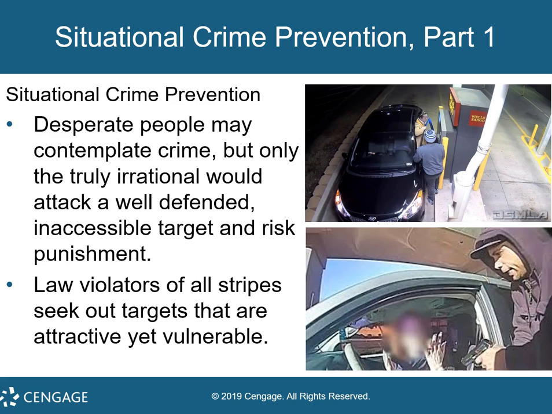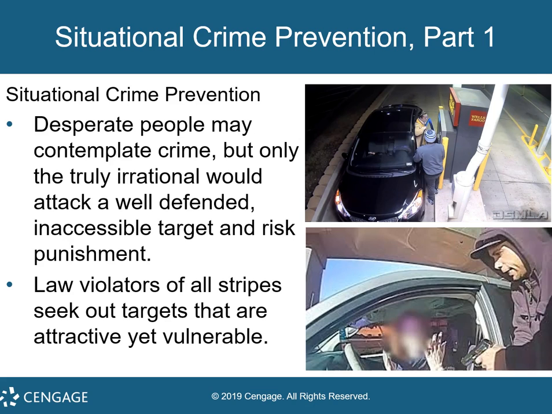And if Agnew's view is accurate, then the image of the calculating criminal who weighs the costs and benefits without caring for other people is actually inaccurate. Now, rational choice theorists, just to sum this up, would disagree, of course, putting more stock into convincing would-be criminals that crime doesn't pay, rather than hoping that such people will empathize with their victim.